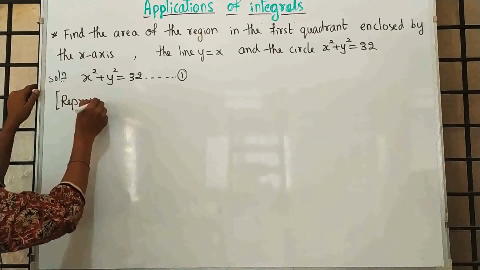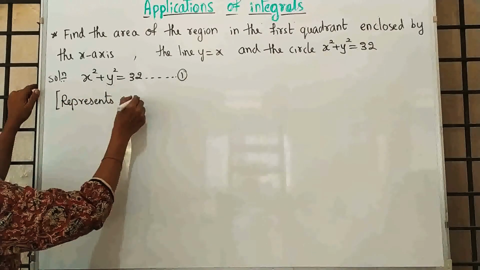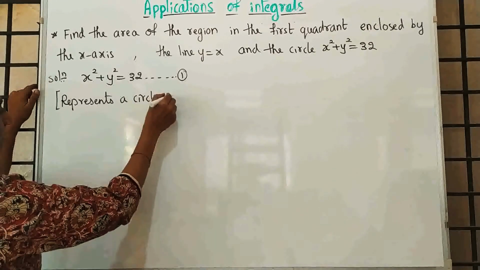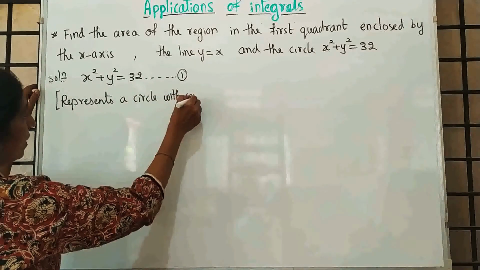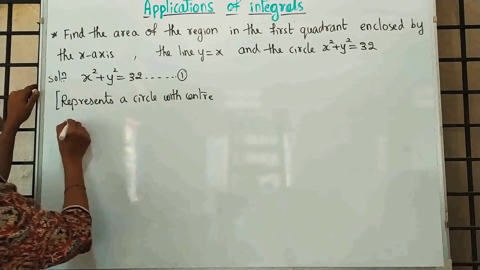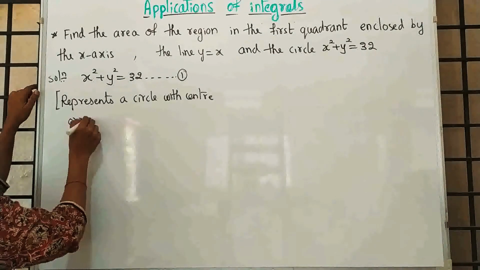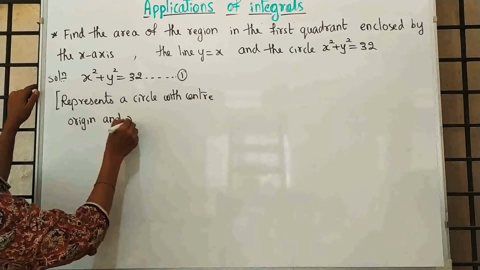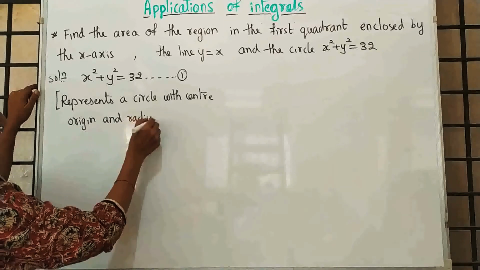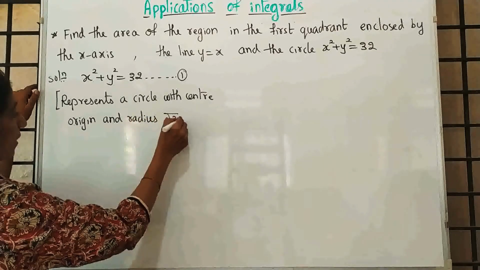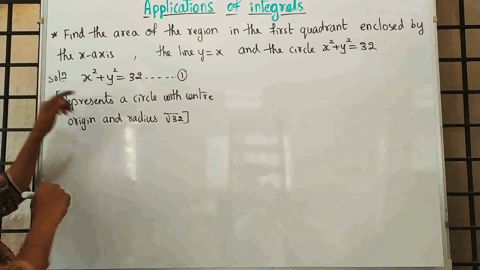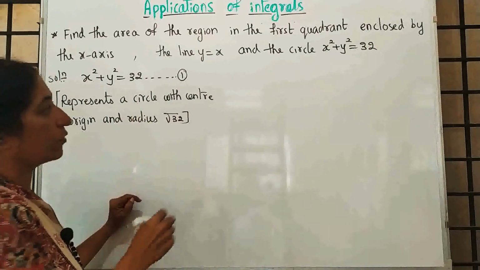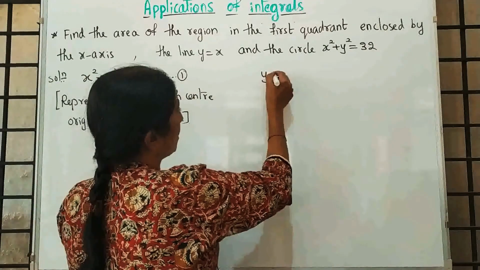Represents a circle with center origin and radius root 32, because this is written as root 32 whole square. Next, y is equal to x.